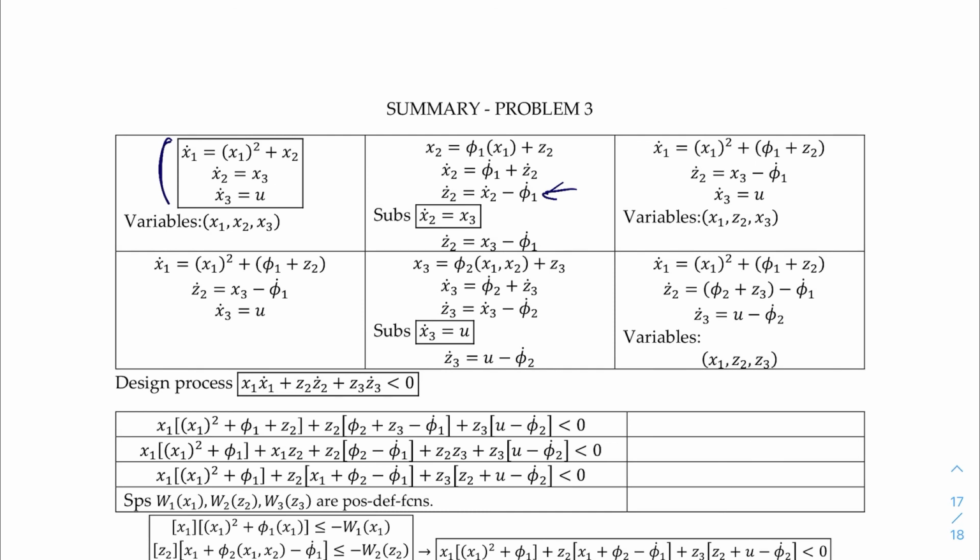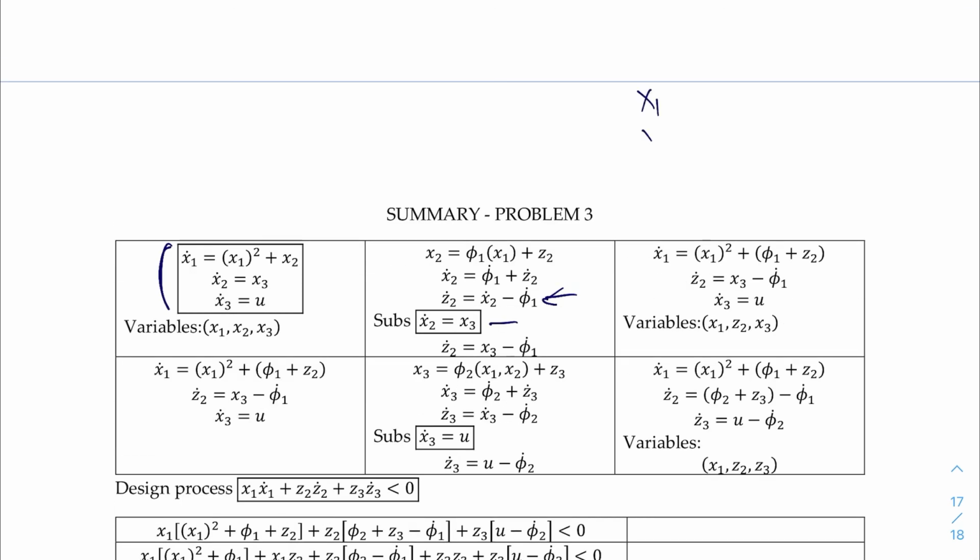By manipulating that, and then using your dynamics, you have x1, x2, x3, then x1, z2, x3, and then x1, z2, z3.